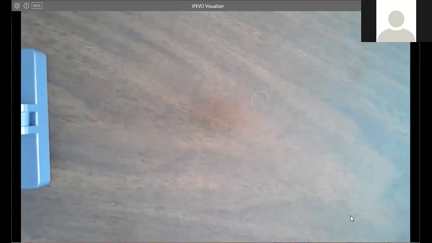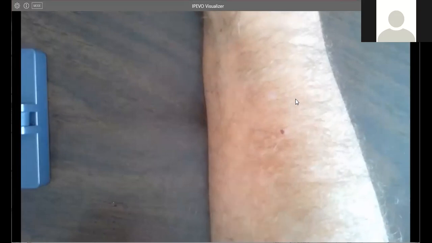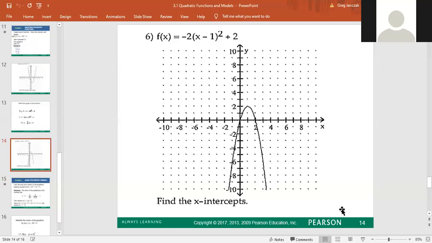On this next slide, find the vertex, or actually find the x-intercepts.